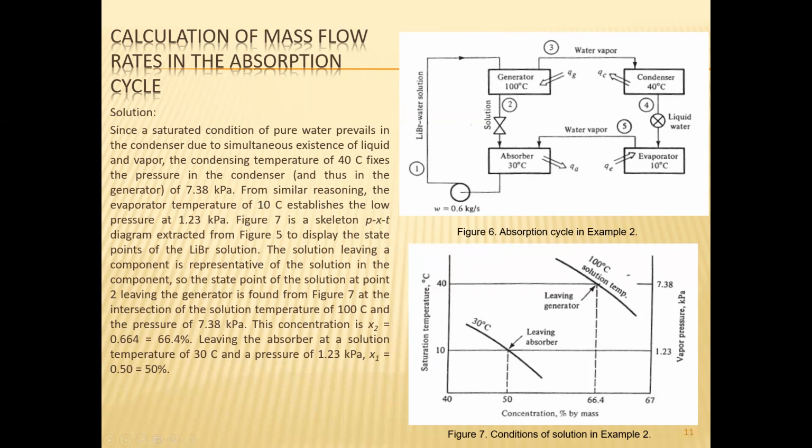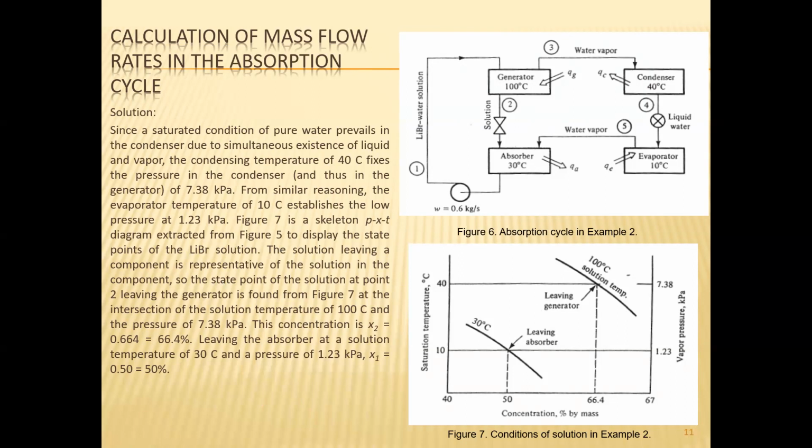So figure 7, so ito na yung skeleton of PXT diagram extracted from figure 5. So sa figure 5, yan nga, di ba? 100C and pressure 1.23, 7.38 at yung katapat niya 10 and 40. So line niya yan. So the solution leaving a component is representative of the solution in the component.